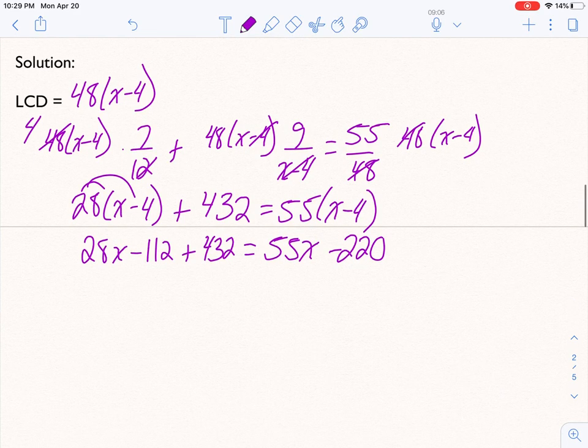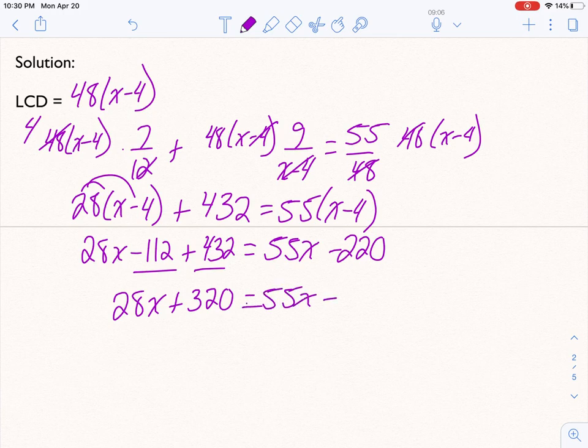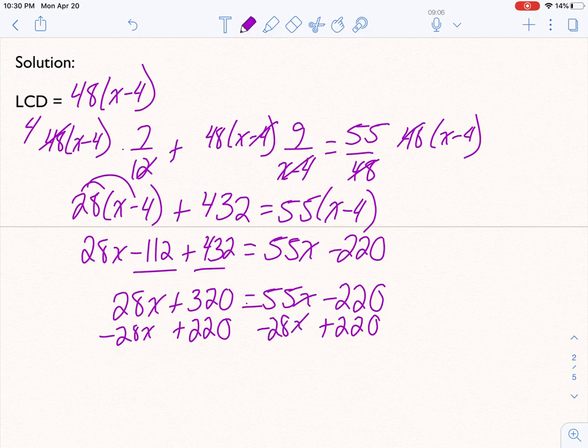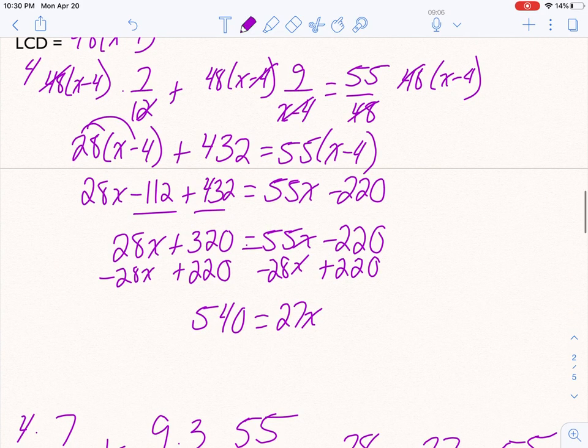Combine my like terms over here. Divide by 27, and we get x equals 20.